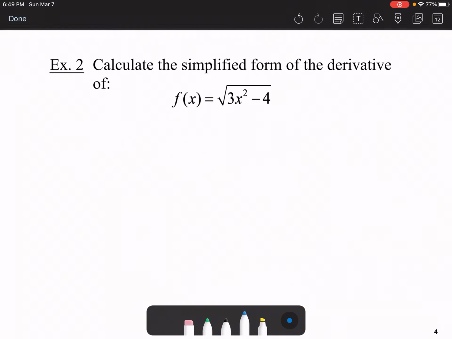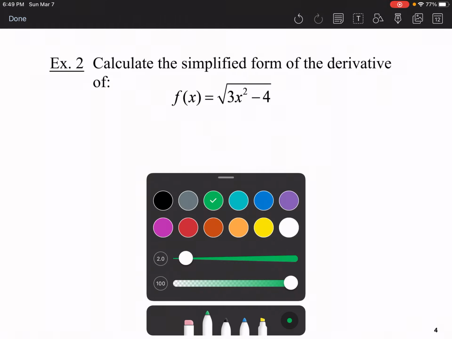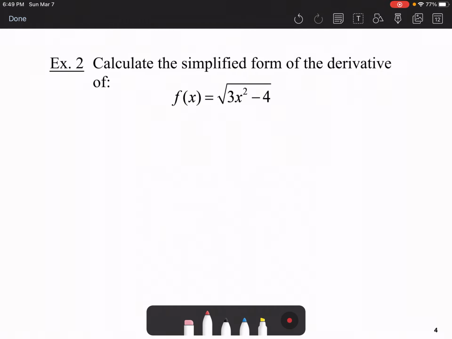Okay, let's try something else. Let's find the derivative of this function. Again, rewrite this as f of x equals 3x squared minus 4 to the exponent of a half. Derivative, we bring the half down, we multiply, keep the inside the same, so this is 3x squared minus 4, now to the exponent negative a half.